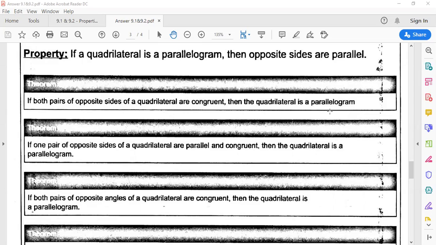If one pair of opposite sides of a quadrilateral are parallel and congruent, then the quadrilateral is a parallelogram. So if I look at one pair of opposite sides and confirm that they are parallel and also congruent, then I don't need to look at anything else.